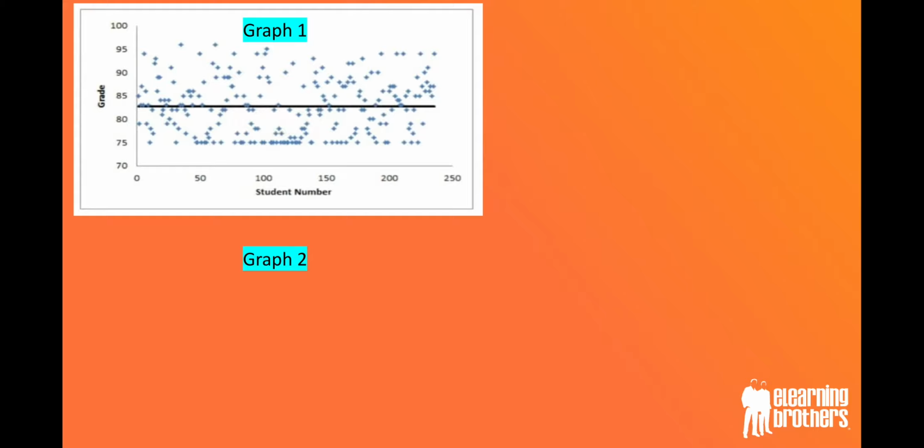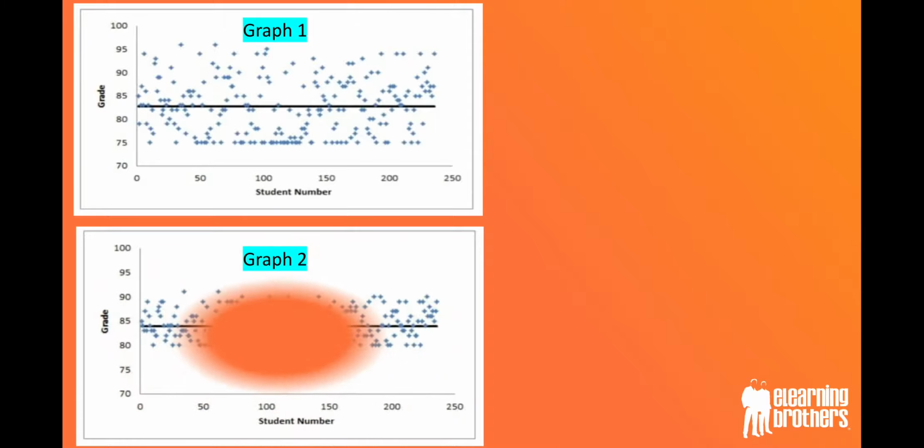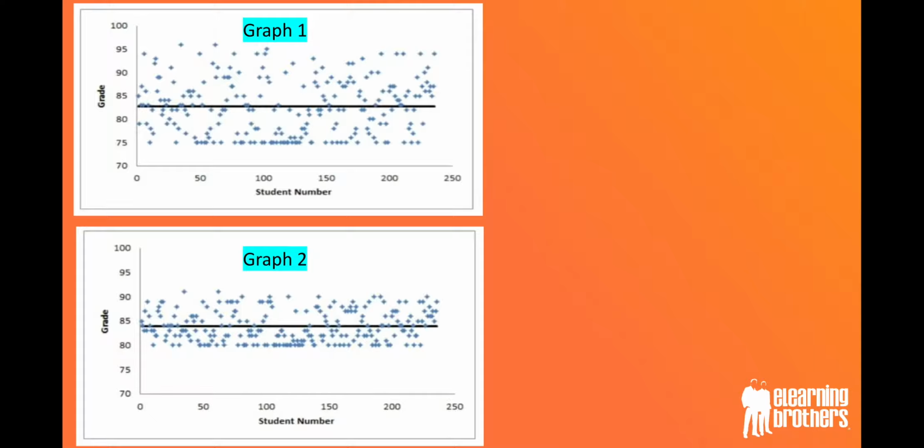We have the first graph wherein the grades are from 75 to less than 100 of the students from 0 to 250. And the grades for the second graph are from 80 to more than 90 of almost 250 students.